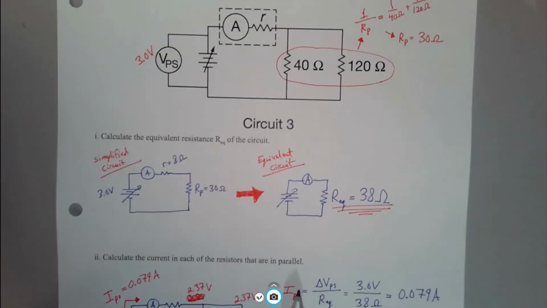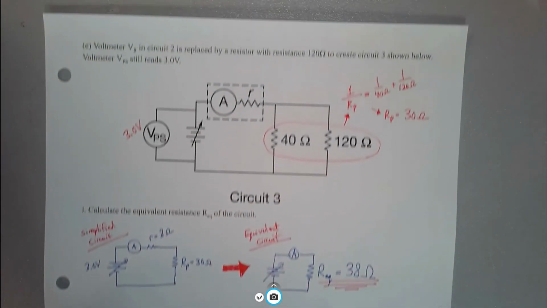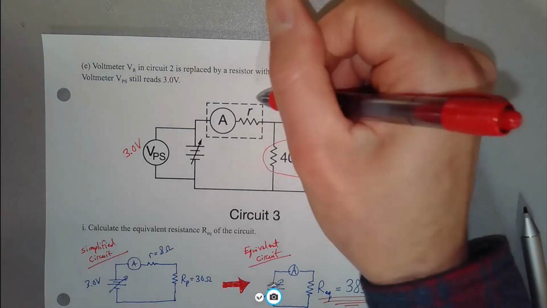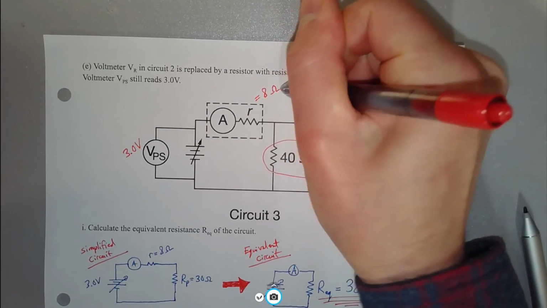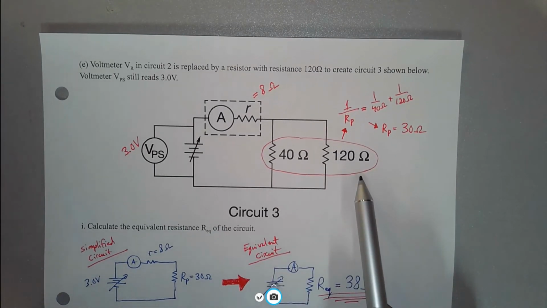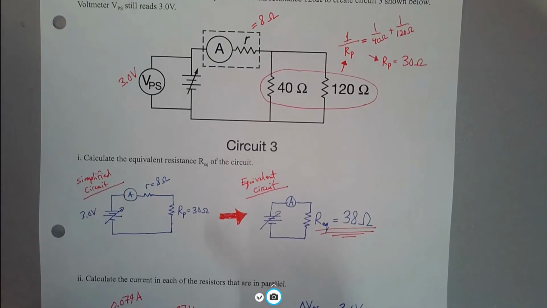Part 1 asks us to calculate the equivalent resistance of the circuit. So we have an 8 ohm, that's little r, what we just found in the last part, in series with a 40 ohm and 120 ohm in parallel. So we just draw a simple circuit.